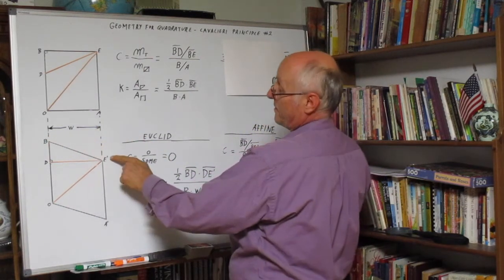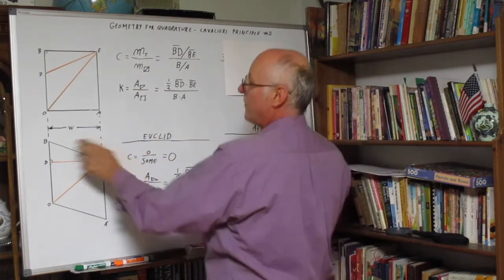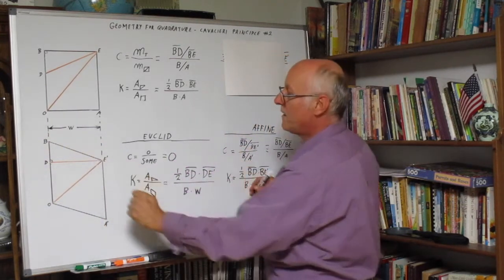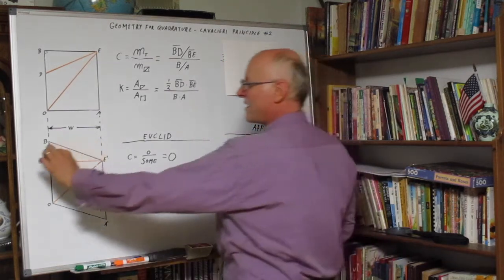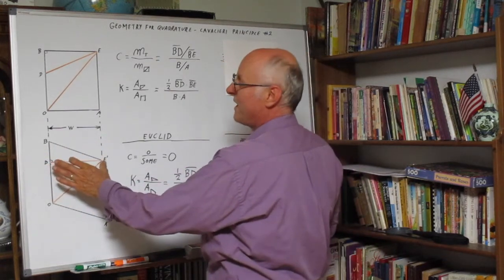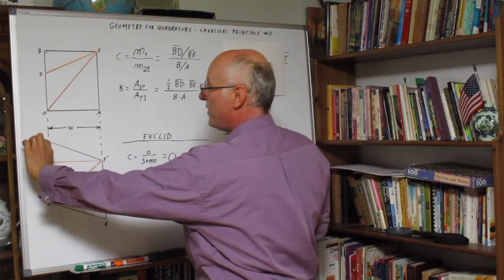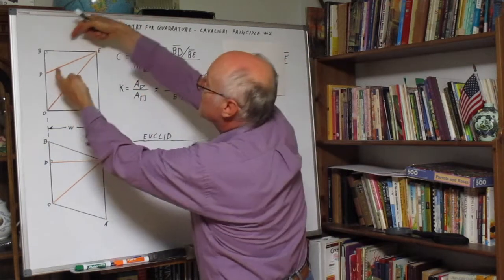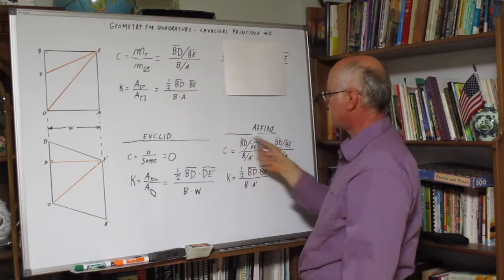He has to call it E prime. Euclid insists on it, but that's how he sees it. It's BD over BE prime. It isn't BD over DE prime or 0 over DE prime. No, it's BD over BE prime, same as this one. That's how he sees it from affine. So that's this one.